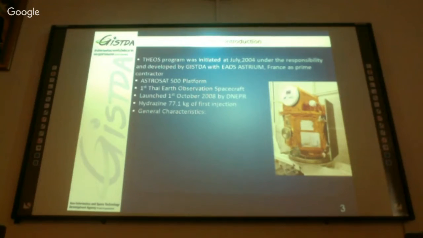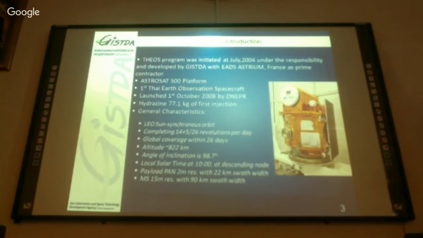This satellite was launched on the 1st of October 2008, and it is now at the end of its life, but we still operate it. We still use the GIS data to support organizations and institutes in the Thai government.